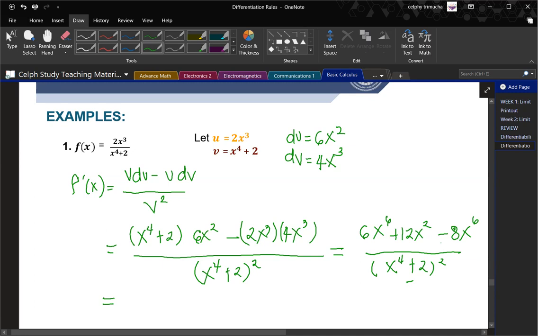So 6 minus 8, that will be negative 2 x raised to 6 plus 12 x squared all over x raised to 4 plus 2 squared.